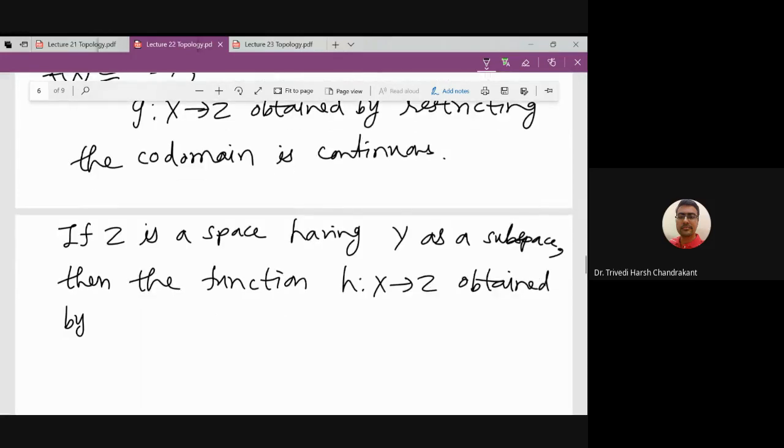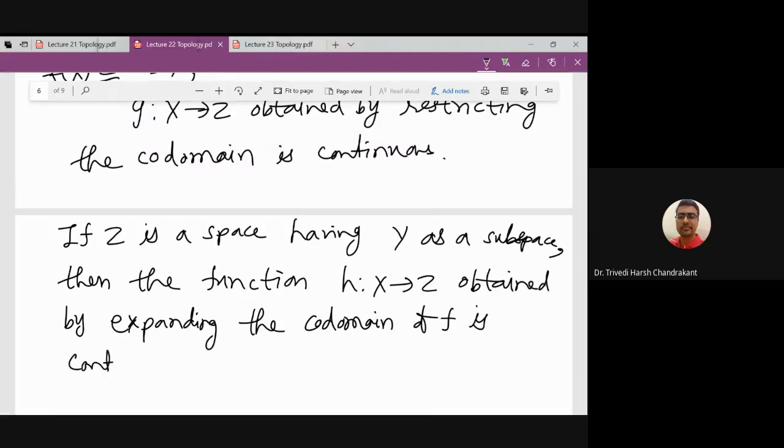So basically we are going beyond Y, and such a function is called expanding the range, the codomain of f, and it is continuous.